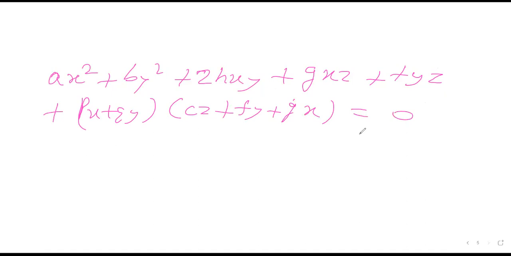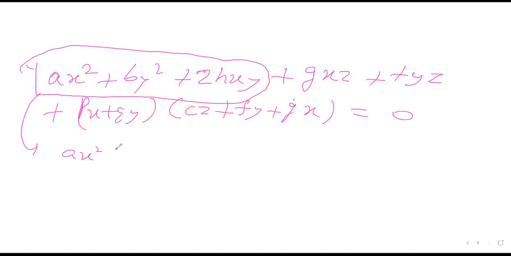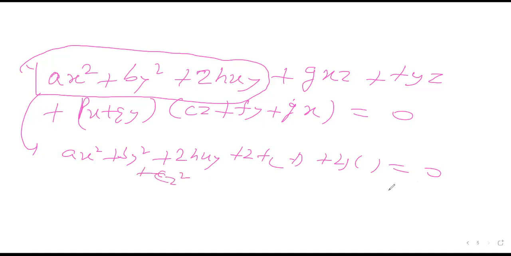Now we know that ax square plus by square plus 2hxy plus 2fyz plus 2gxz plus cz square is equal to 0.